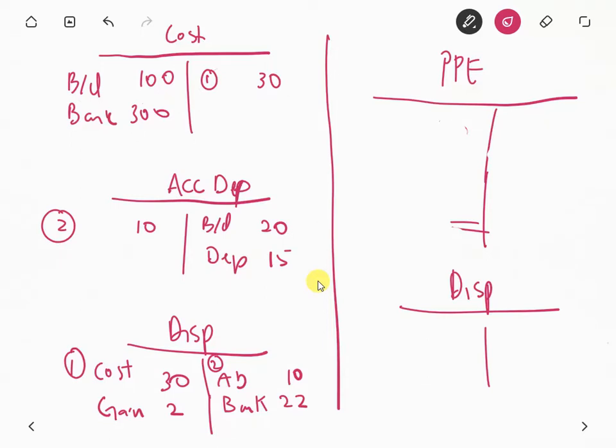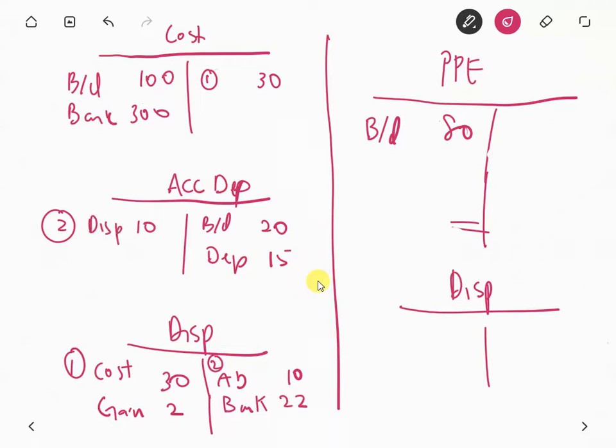So how much is my PPE when I combine? We combine means we must show the net book value. What is my net book value at the beginning? I start with 100, accumulated 20, is it 80? Yes. During the year, I dispose of cost and accumulated.